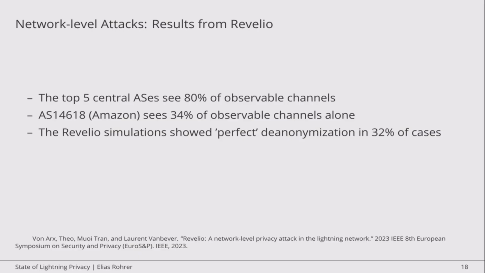How can it be otherwise? AWS sees 34% of observable channels alone. And the Revelio simulation showed what they call perfect de-anonymization in 32% of cases. So they really showed this is a feasible attack vector, and as I said before, in my eyes, it's the most realistic one. So it's just a question of whether they are actually interested or not.